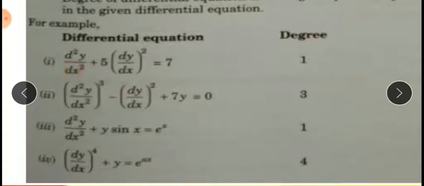The highest order is 2, and what is the degree of the highest order? Its whole power is 1. So the highest order is 2 and the degree of the highest order is 1. Therefore, its degree is 1 and order is 2.